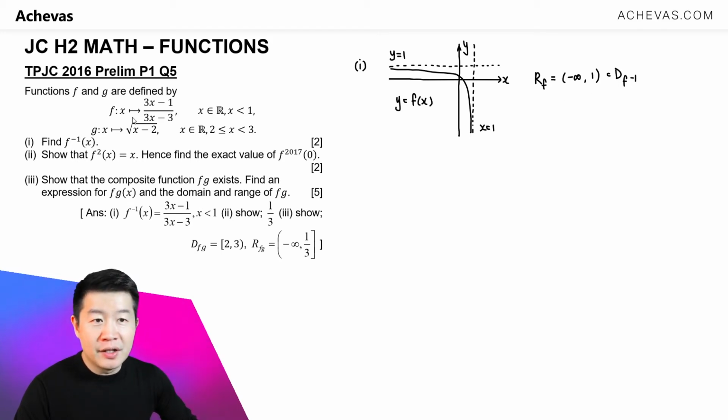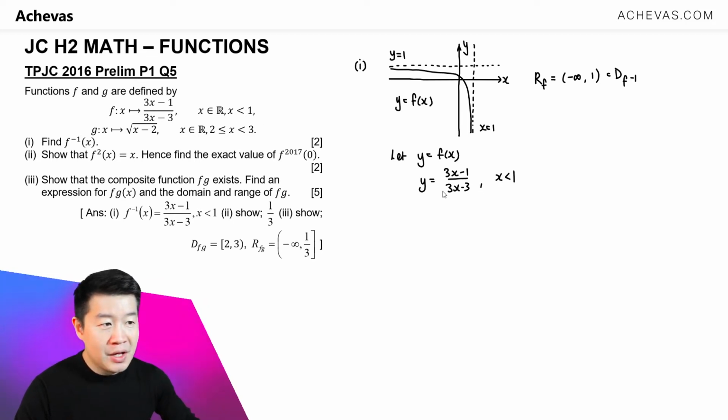Let's next try to find the expression for f inverse. And to do that, I'm going to be letting y be equal to f(x), which means that y is going to be equal to 3x minus 1 divided by 3x minus 3, such that x is supposed to be less than 1. So let's try to make x the subject. Cross multiplying, we have 3xy minus 3y.